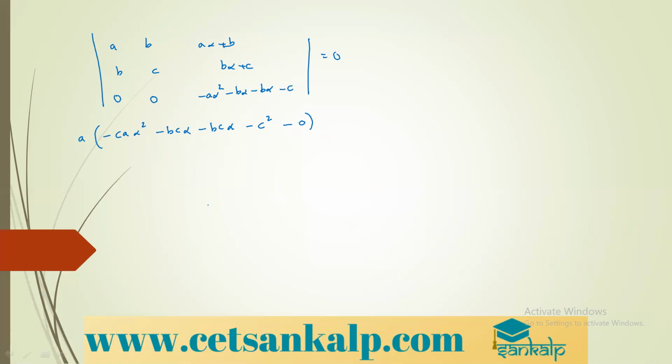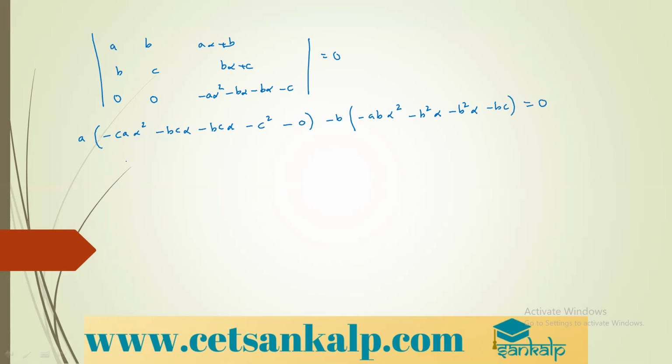That minus 0 I need not write. And then minus b into, what I have is minus ab alpha square minus b square alpha minus b square alpha minus bc, and minus 0.